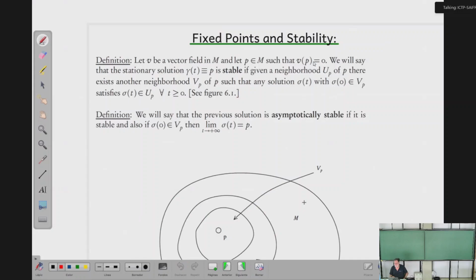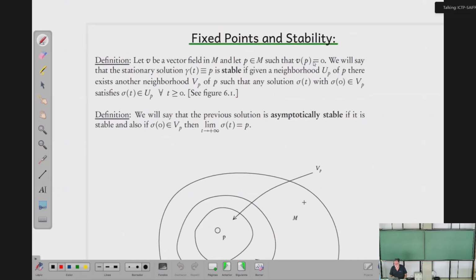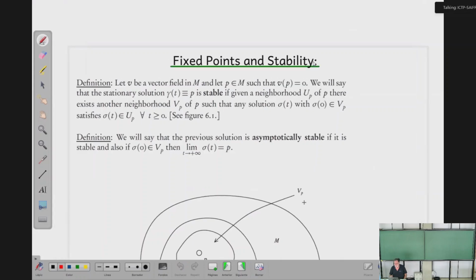So now we are going to look at fixed points and stability. We have this system, du, for an autonomous system. For non-autonomous it is a bit harder to study, but similar. We have our system and we want to find solutions of it.